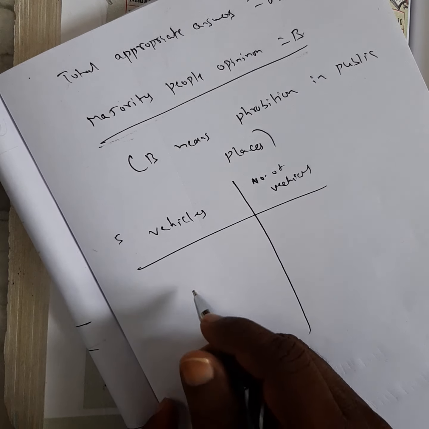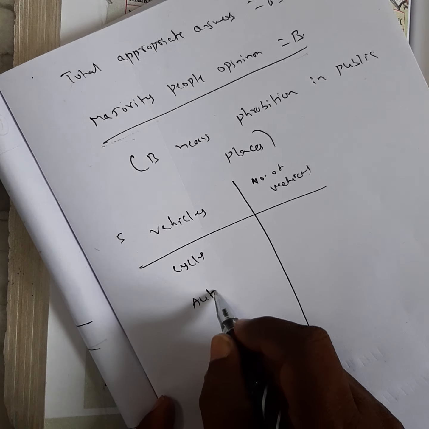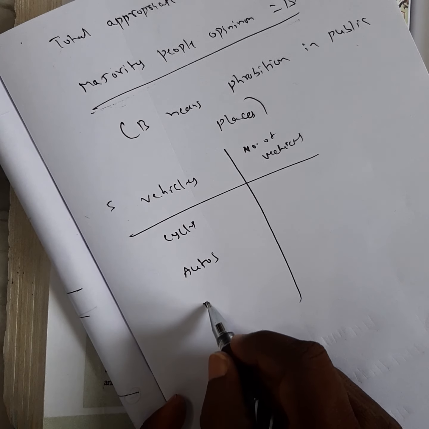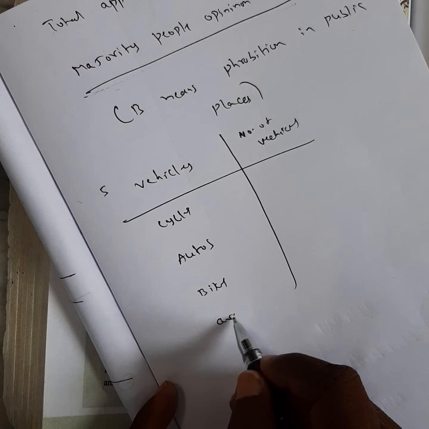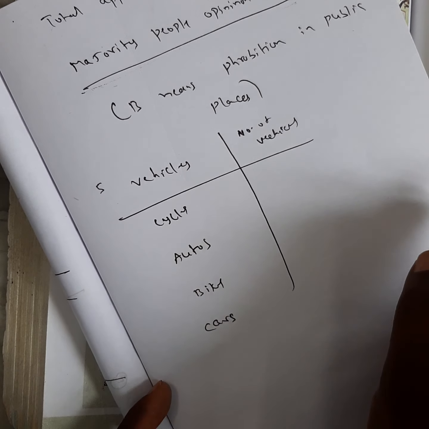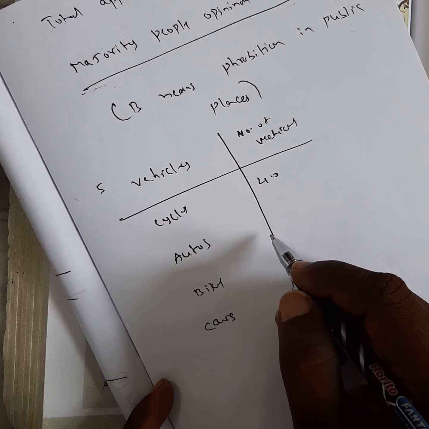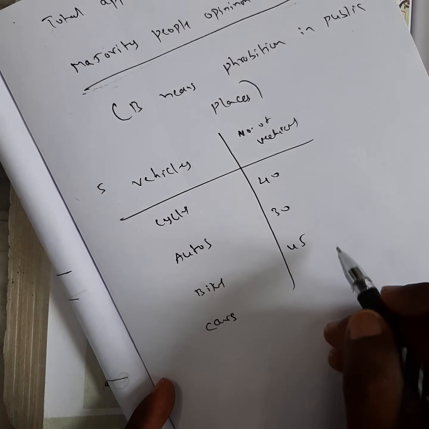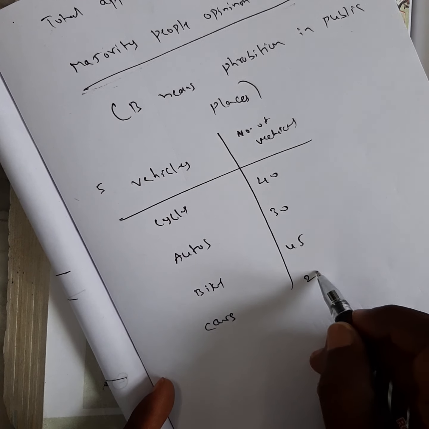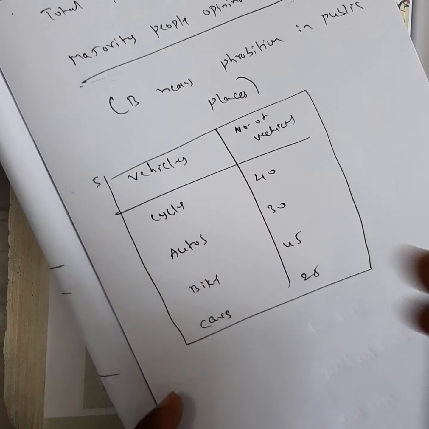What vehicles do you have? Cycles, autos, bikes, cars. Cycles, as already written, there are 40. Next autos 30. Next bikes 45. Next cars 25. So this is the group frequency distribution table.